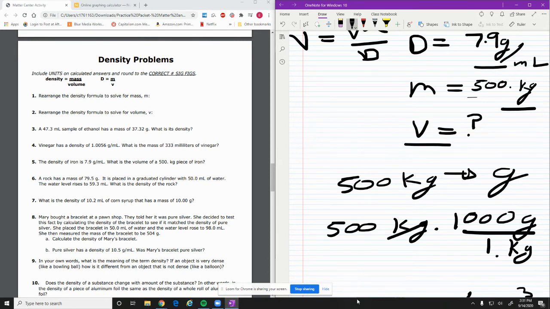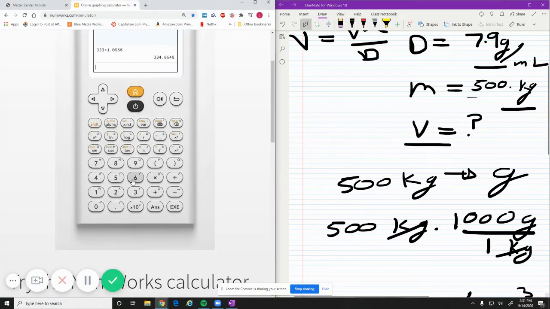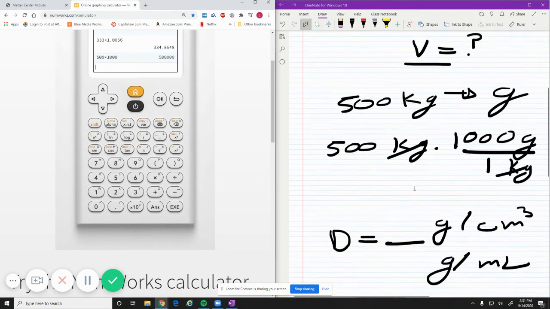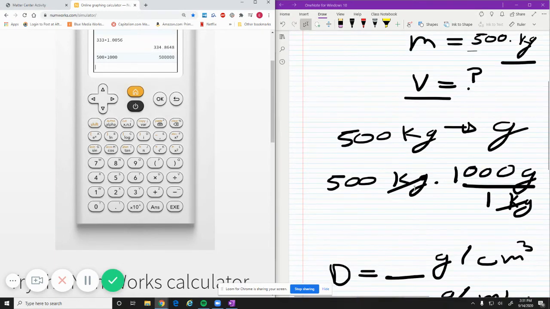That means my kilograms cancel, and I'm left with 500 times 1,000. I would just do it in a calculator to make sure you do it right, and you're going to get an answer of 500,000. Okay, so that's a lot of steps so far.